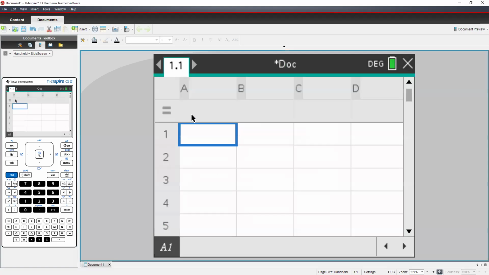So again, I'm going to go to lists and spreadsheets, and I'm going to type in all of the heights.